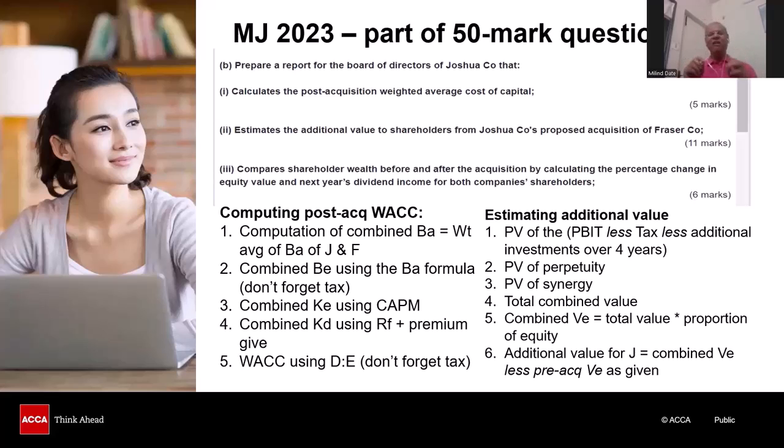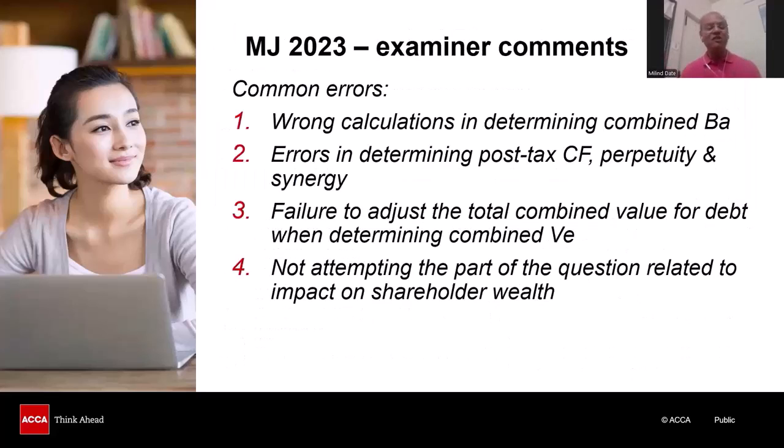So whether it's a 25 marker or a 50 marker, the methodology and logic remain absolutely the same. Here as well, you will find that the examiners have identified basic areas of mistakes that students make.